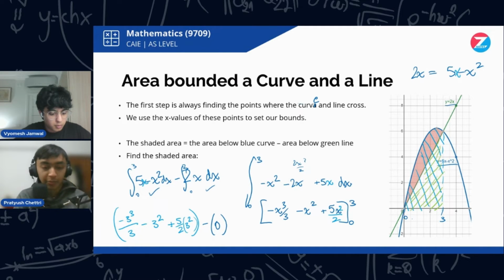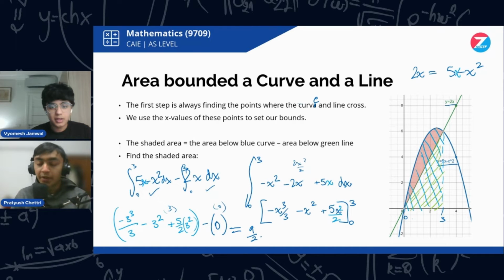Yeah, 9 by 2, 4.5. So for the 3 bound it's 9 upon 2, and the 0 bound gives 0. So the correct area of the red area here is 4.5 units.